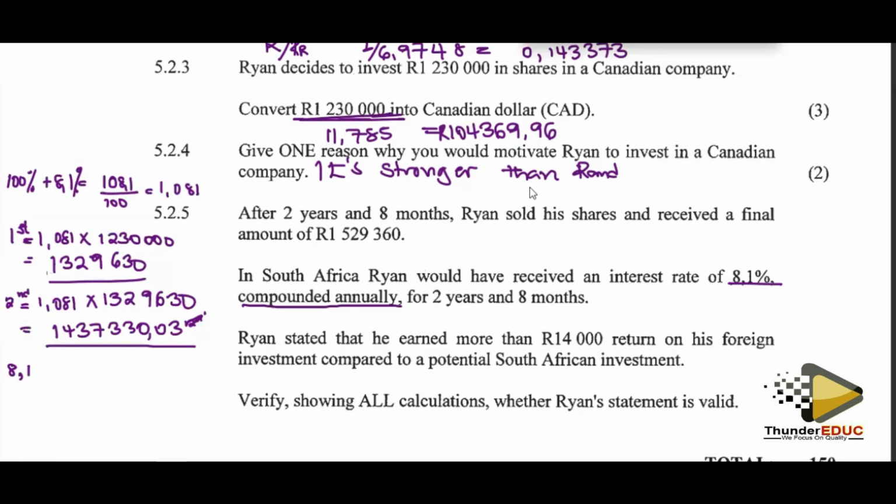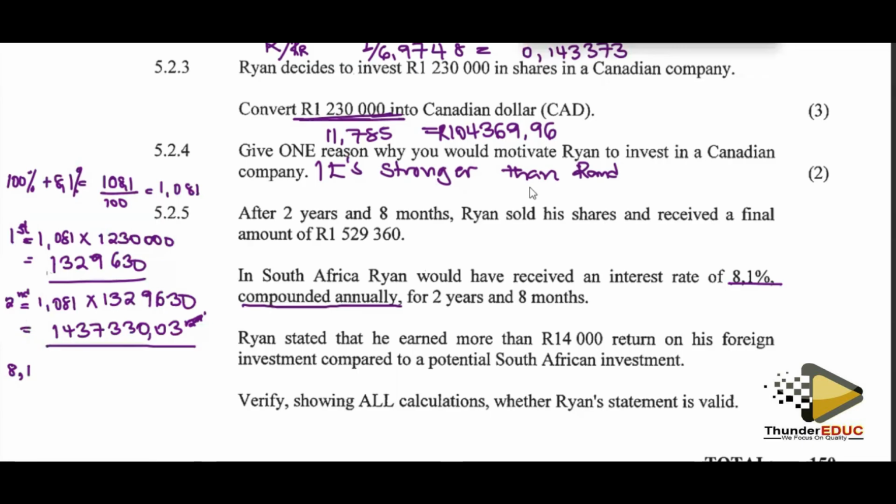Rand's statement suggests that he earned more than 14,000 return on investment compared to a potential South African investment. Verify by calculations, showing all calculations, whether Rand's statement is valid.